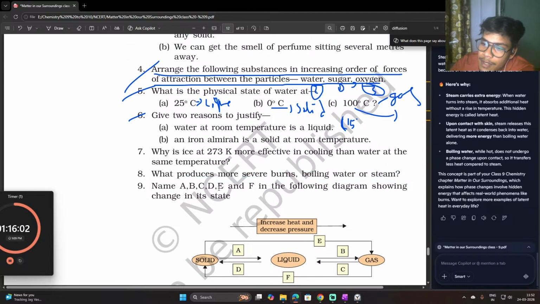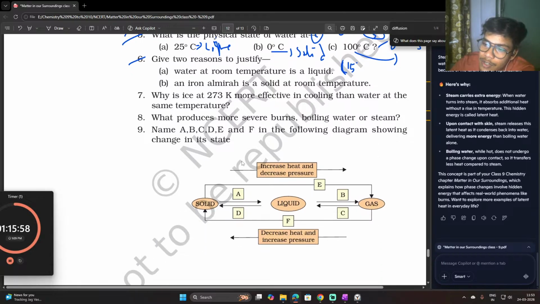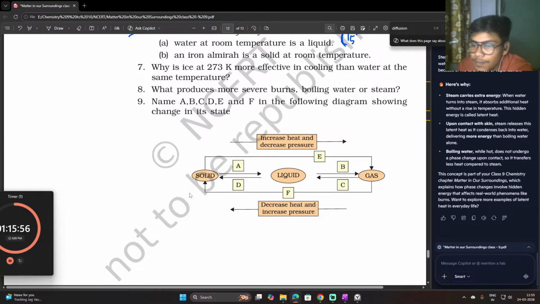Name A, B, C, D, E, and F in the following diagram showing change in its state. So from A, solid to liquid. Name A, B, C, D, E, and F in the following diagram showing change in its state.